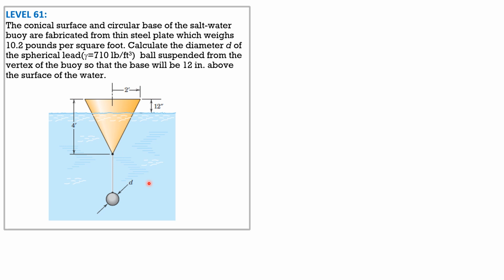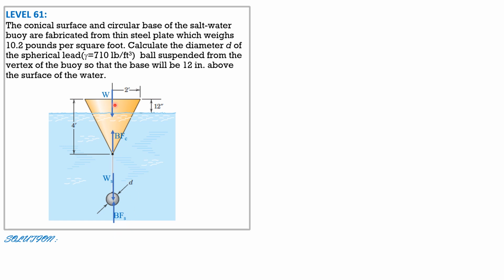So let's draw the free body diagram. Take note that the top surface of this cone is closed. For the solution, we have the weight, the buoyant force in the conical part, the weight of the spherical suspended object, which is made of lead, and the buoyant force in this part.